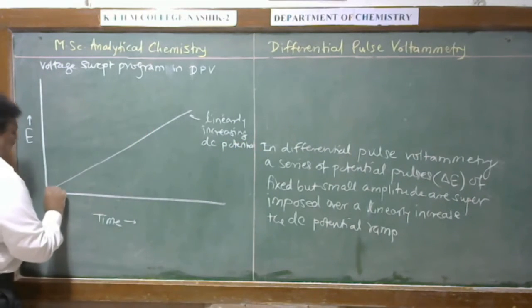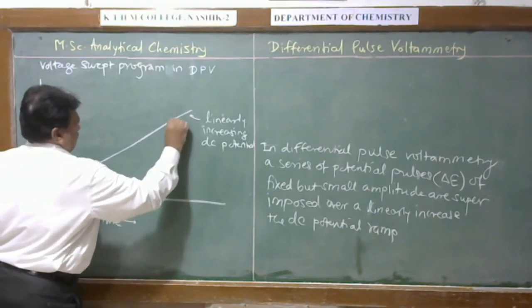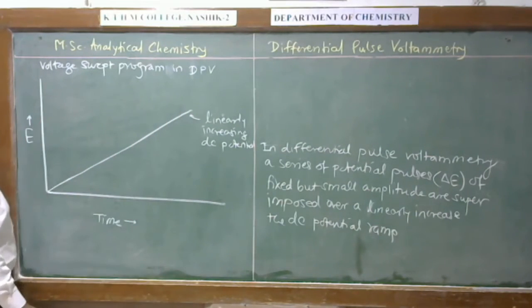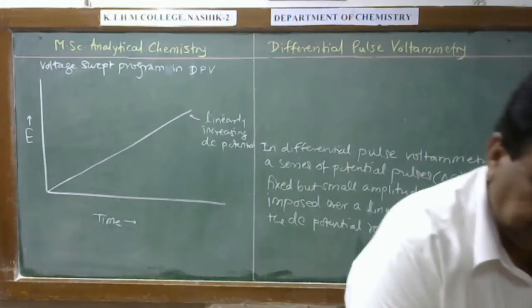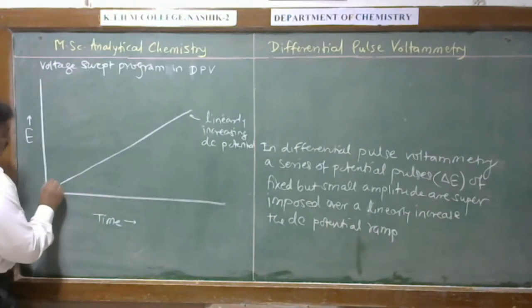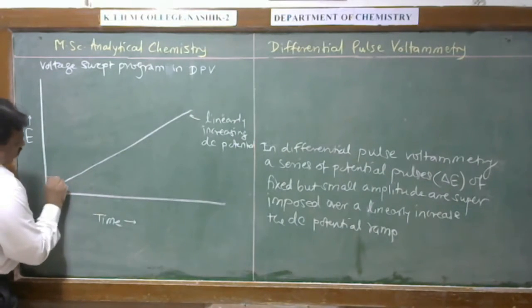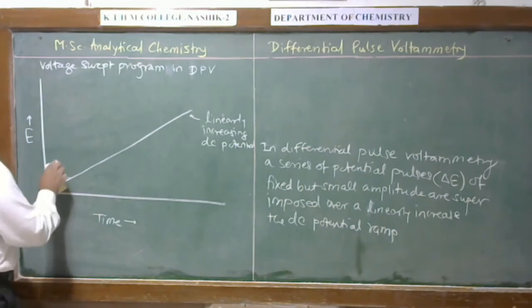Over this base potential, potential pulses are superimposed. Over this base potential, the potential pulse of small but fixed amplitude.